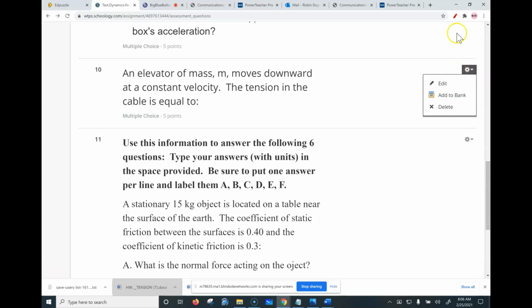Number 10. Here we go. So these are just like the tension ones we talked about, but constant velocity. What does that mean? You should automatically think a equals 0. The forces are balanced.